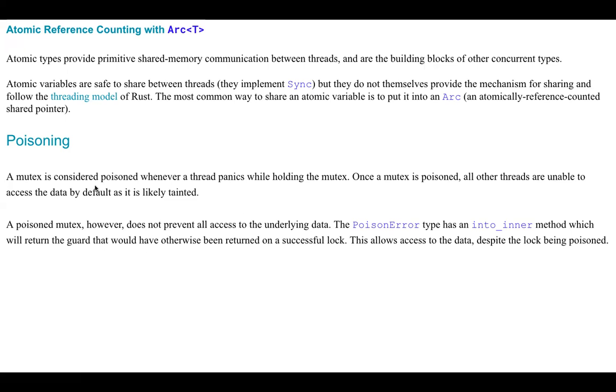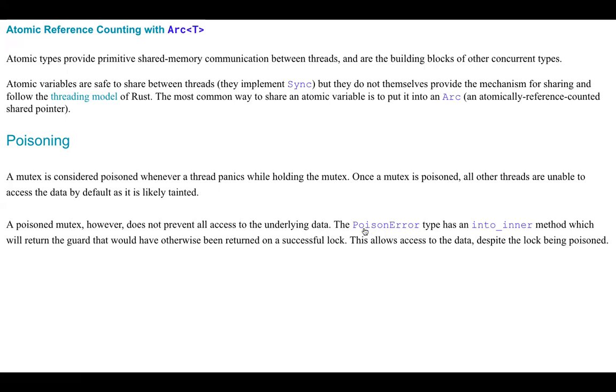So a mutex is considered poisoned when a thread panics while holding the mutex. Once a mutex is poisoned, all the other threads are unable to access the data by default because it might be tainted. But again, there is a workaround. A poisoned mutex does not prevent all access to the underlying data.